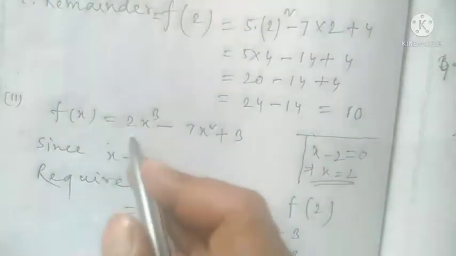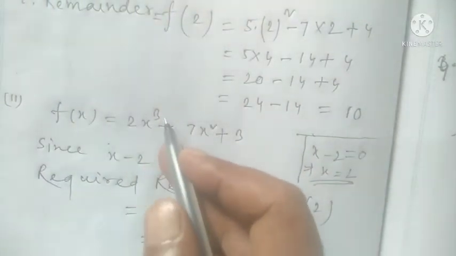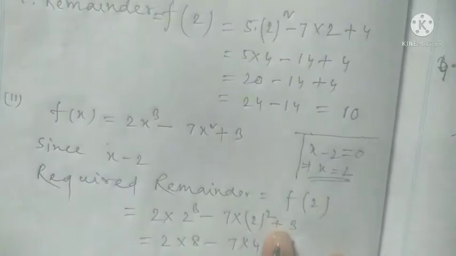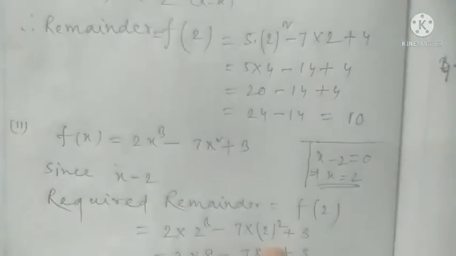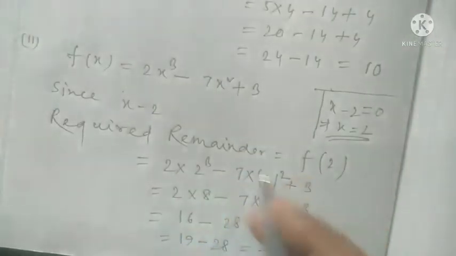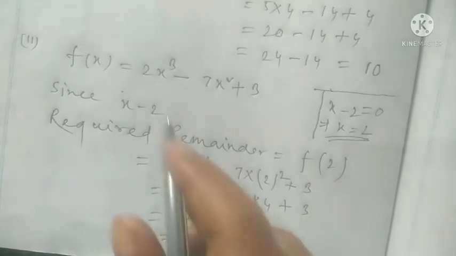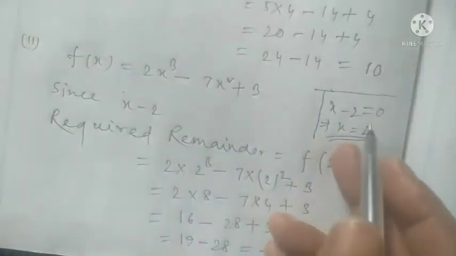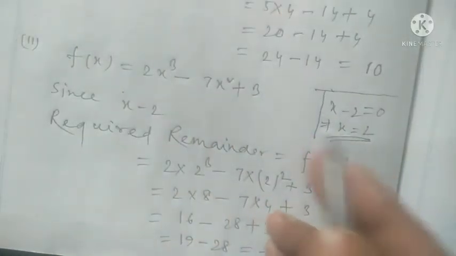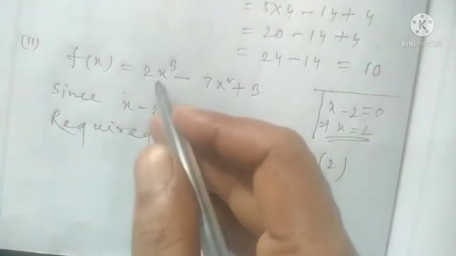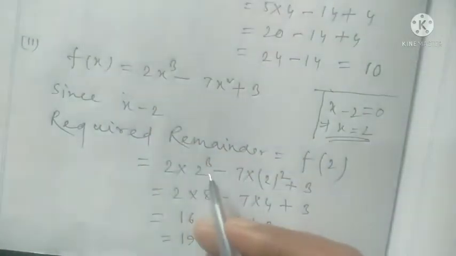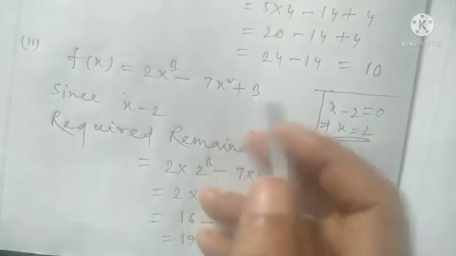So f of 2 is equal to 2 into 2 cube minus 7 into 2 square plus 3. It will be 2 into 2 cube because x is cube.